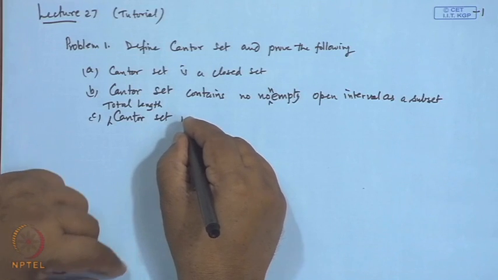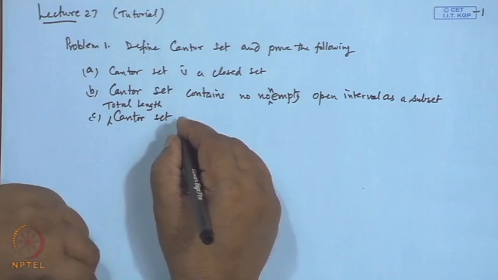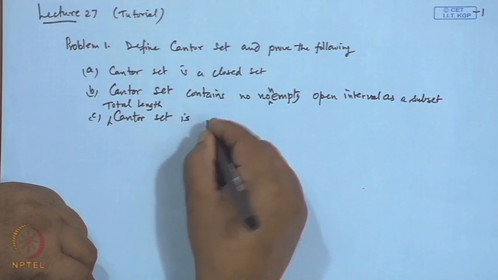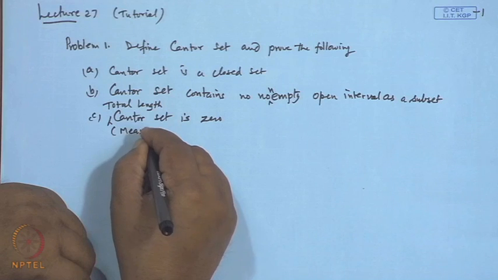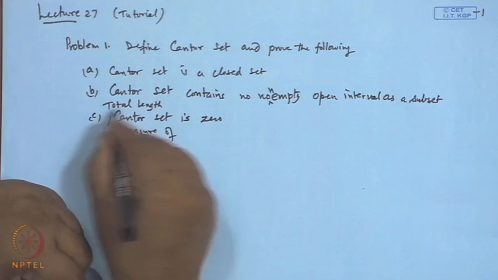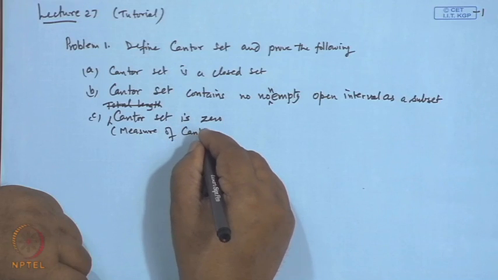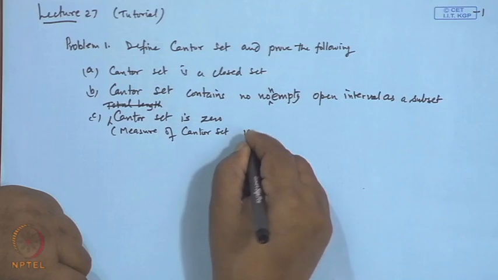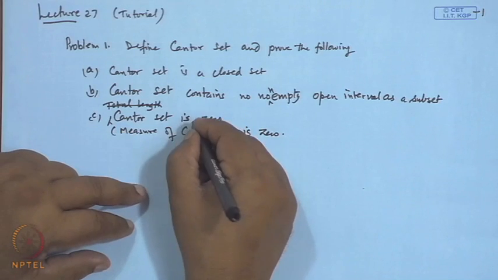In fact, the measure of the Cantor set is 0. Instead of saying total length, we will just say the measure of the Cantor set is 0.